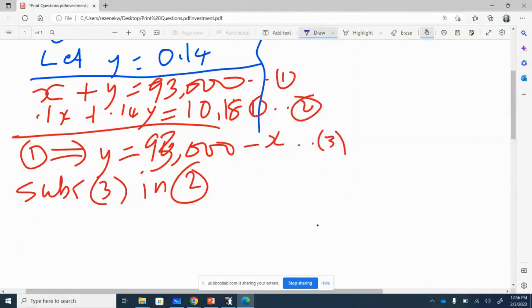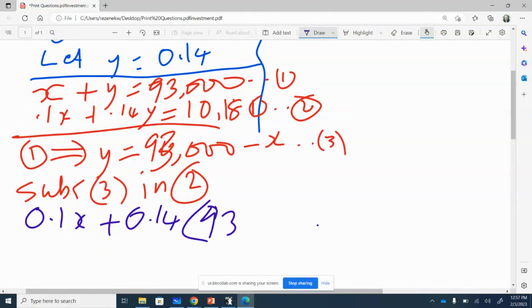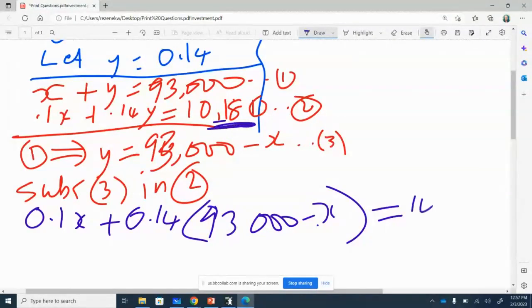So I have 0.1x plus 0.14. Now I see y, so I'll plug in 93,000 minus x, equal to the total rate of return, because I'm substituting into equation 2, the total rate of return at the end of the year.